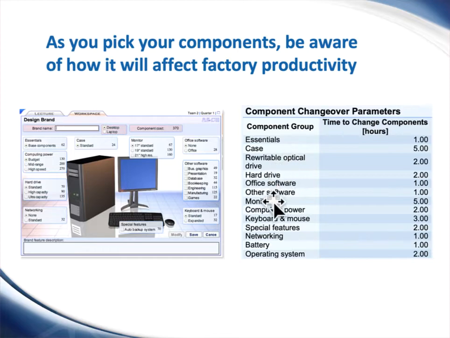For example, if you have different cases, the time to change over for the components necessary for different cases is 5 hours. That might not appear to be too much, but it actually is, and over the different characteristics that you have for your different products, it really sums up and has an impact on your overall production cost.